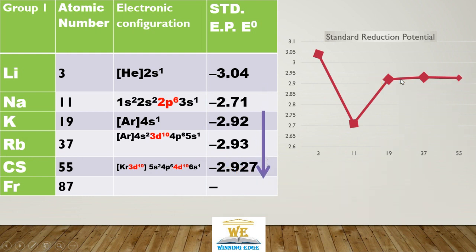So the last three elements have almost similar standard electrode potentials. Sodium has the least standard electrode potential among these alkali metals. You remember, the more negative the standard electrode potential, the better reducing agent it is, because it can easily donate electrons for the reduction of any other element or group.